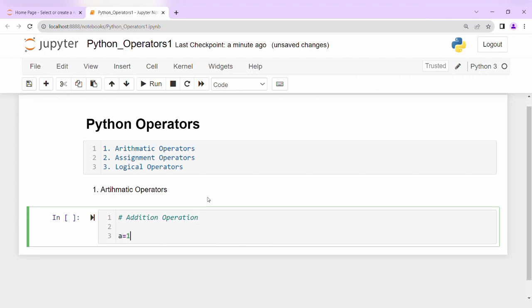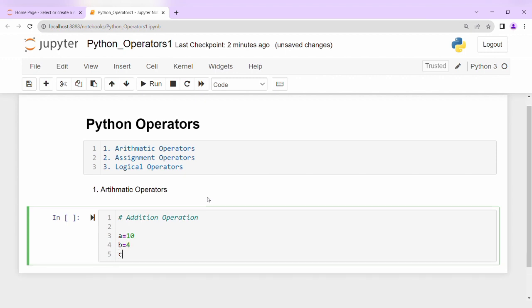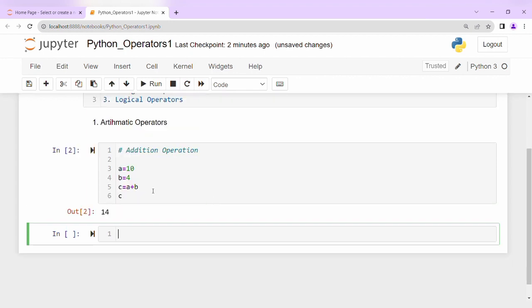So write A is equal to 10, B is equal to 4, perform C is equal to A plus B and display value of C. So A is 10, B is 4, A plus B, C is equal to 14.